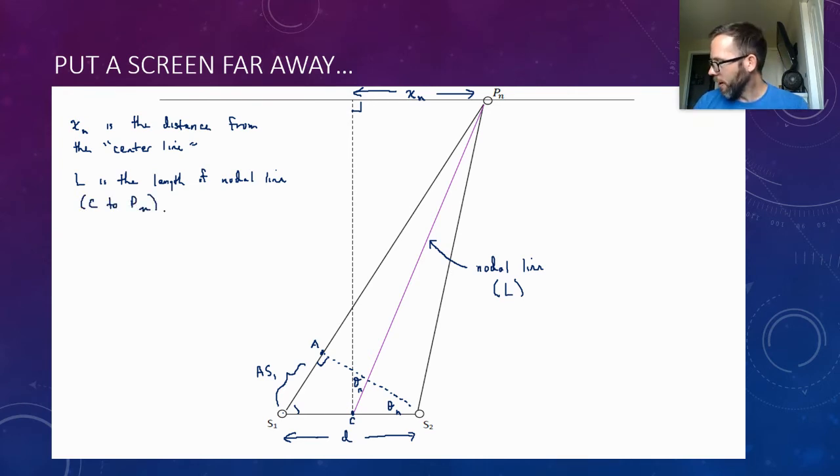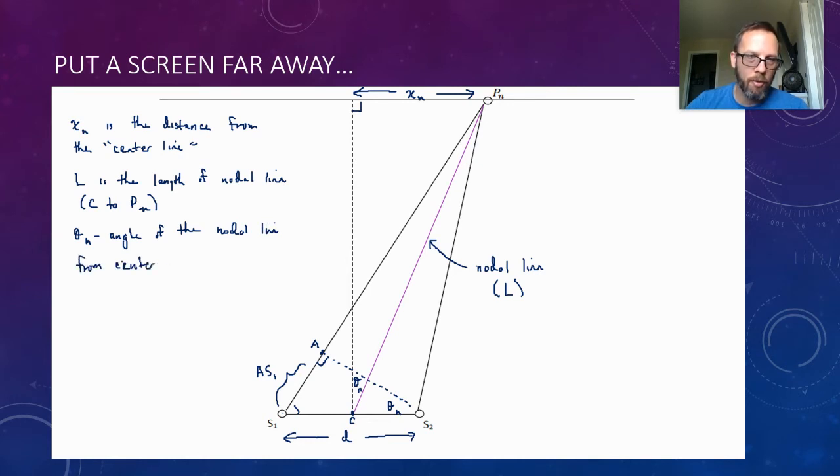And theta n is the angle of the nodal line from the center line. I think all that is kind of clear from what we were chatting about and labeling on the diagram, but we just got those down there.